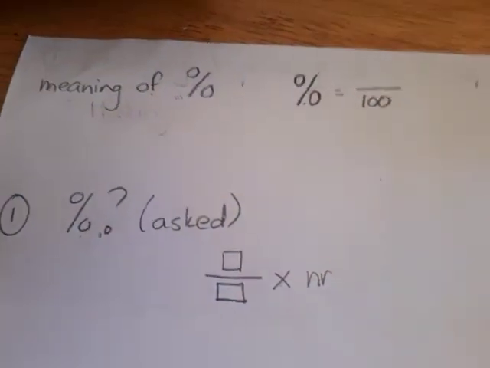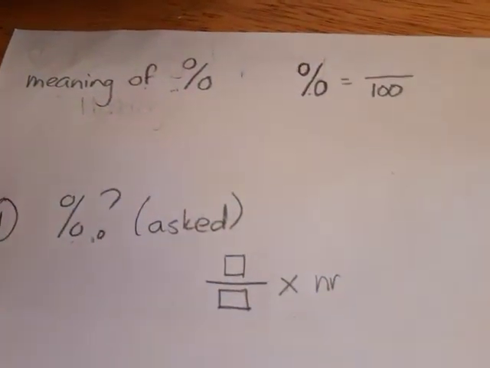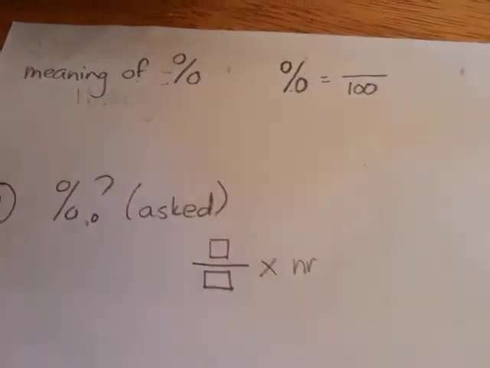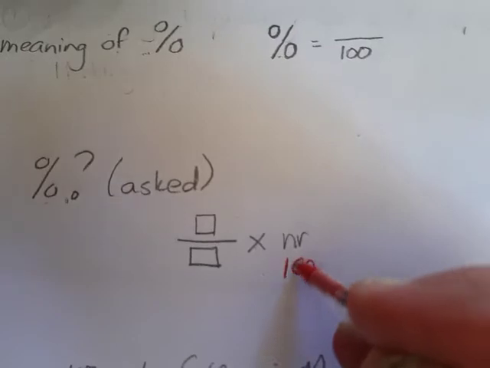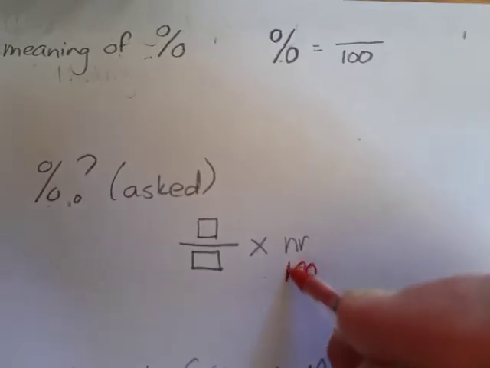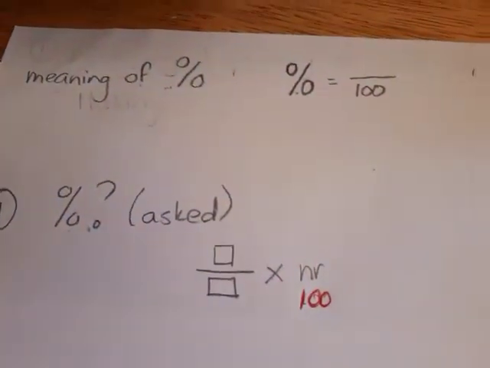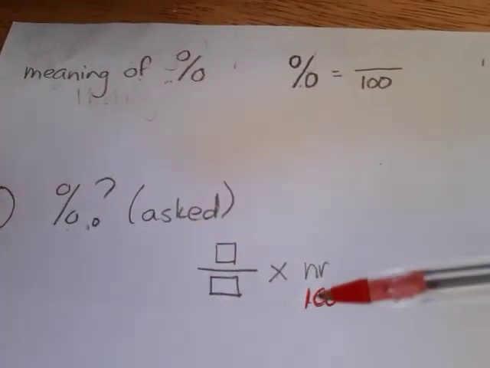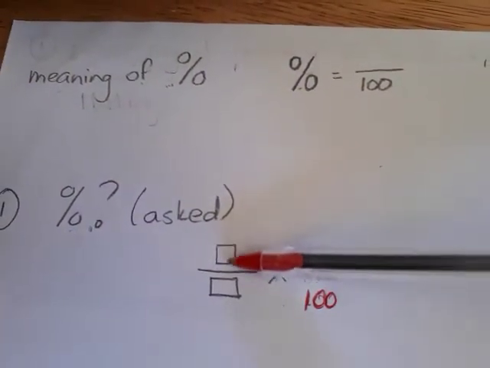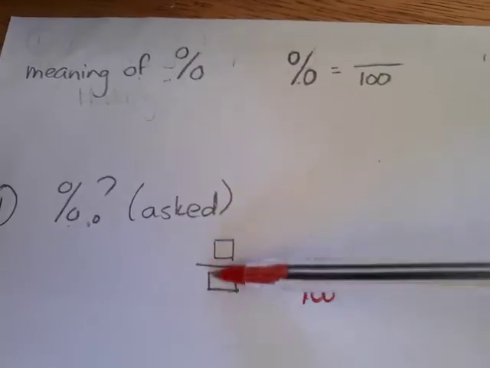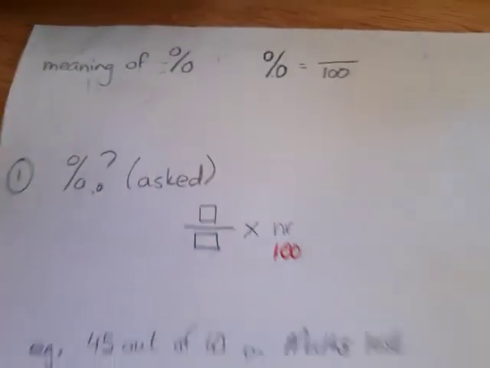And what you need to remember is that if you are asked a percentage, that number will always be 100. Which means from the question or the exercise that is given, they will give you a certain amount out of another amount. So let's look at an example.